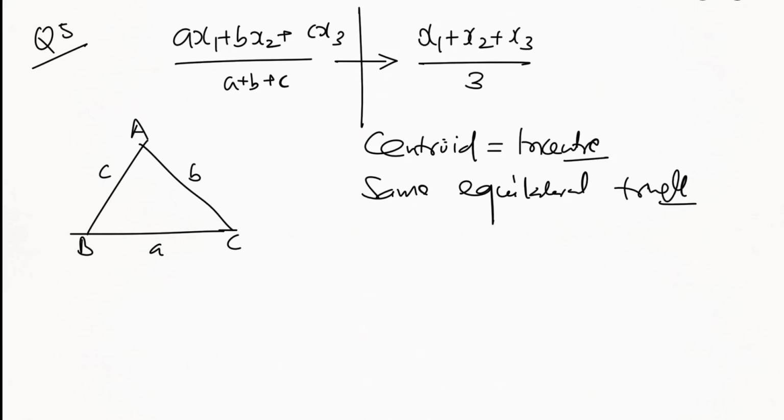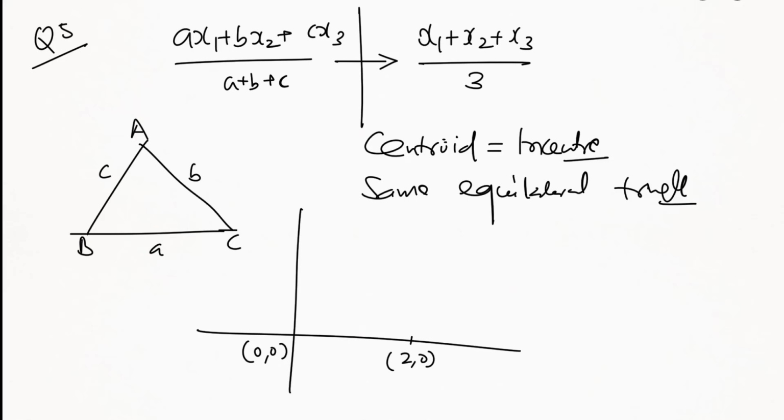Since the coordinates are very simple, you can easily figure out. One point is 0 0, other is 2 0. Next is 1 root 3. What is the distance of each side? This is 2, 2 and 2.